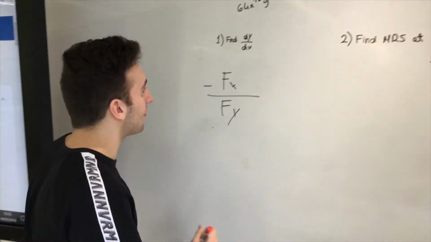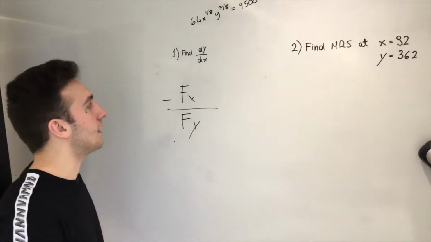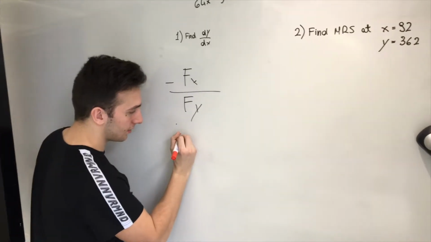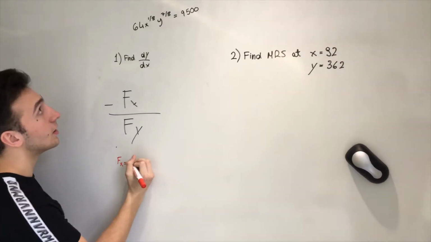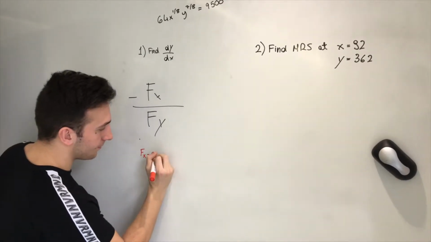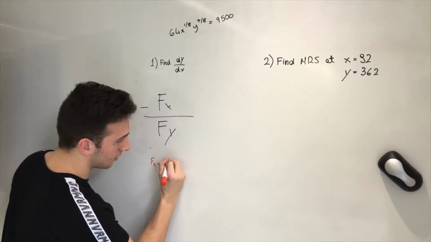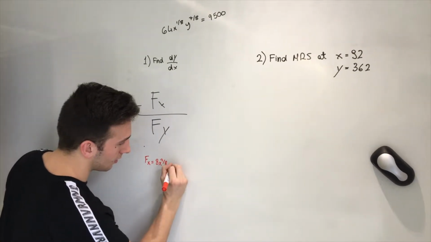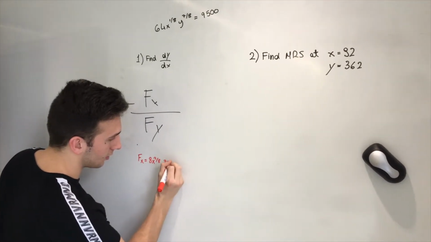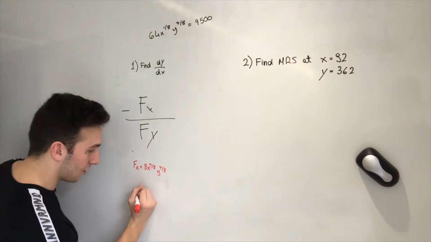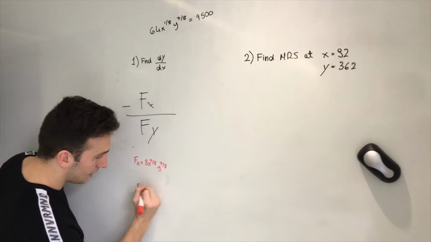Okay, so for the first step, we have to find f in terms of x. And for the second part of the equation, we have to find f in terms of y.